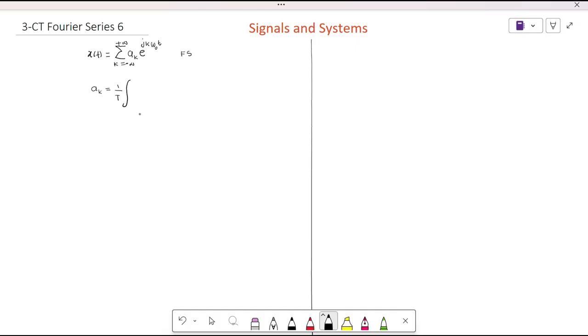Since x of t is a periodic signal, we just do the integration within one time period. So this is the Fourier series coefficient.